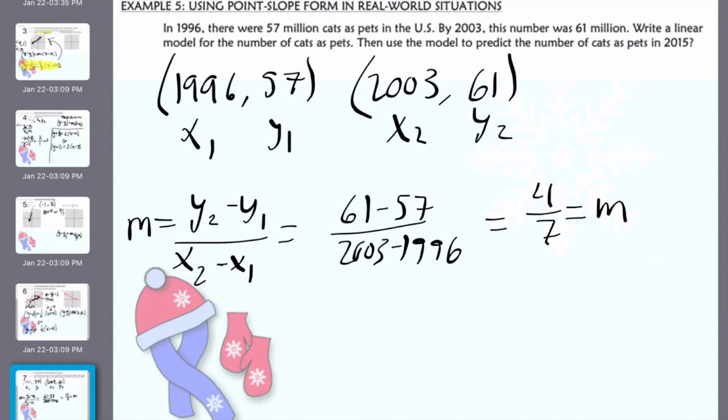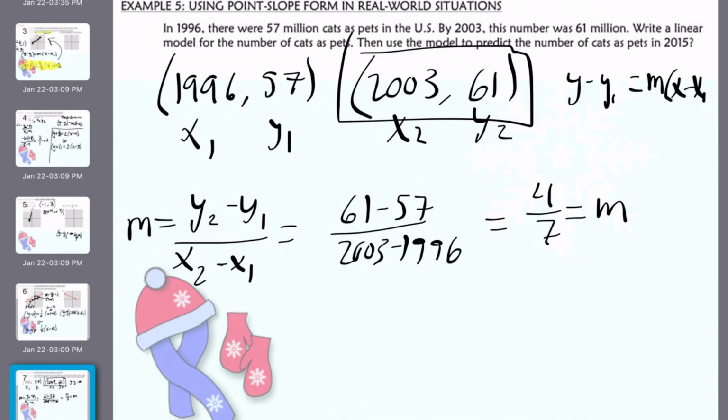So now I can use either of these formulas in order for me to try to write an equation. I'm actually going to be using my second year, or my second data point, to write this formula, which again is going to be y minus y1 equals my slope times x minus x1. So even though this is y2, that's still okay.